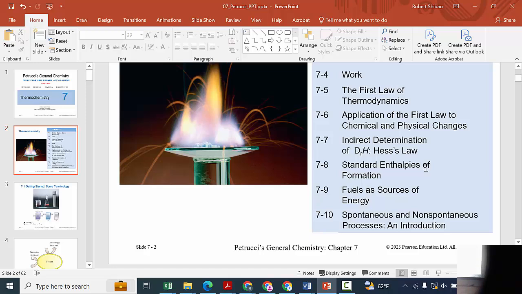And then we'll look at spontaneous and non-spontaneous processes. Spontaneous processes have a driving force. Non-spontaneous processes don't have a driving force in the forward direction, but if it's uphill in the forward direction, then the reverse direction must be downhill. So the reverse direction would have the driving force, so it would be spontaneous in the backwards direction. And so we're going to look at the factors that influence that. Thermodynamics is a pretty big topic, so it's broken up into 2 chapters.